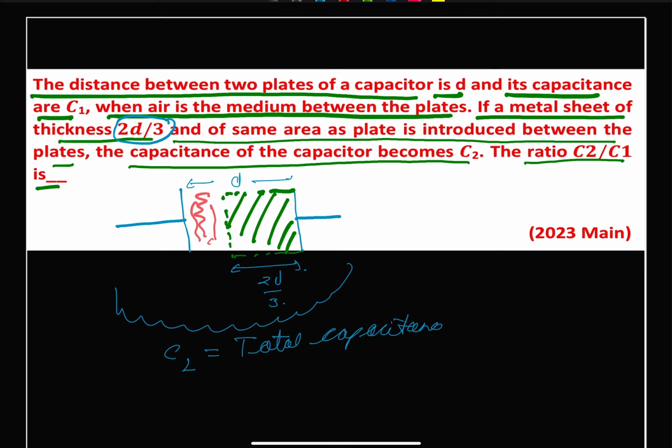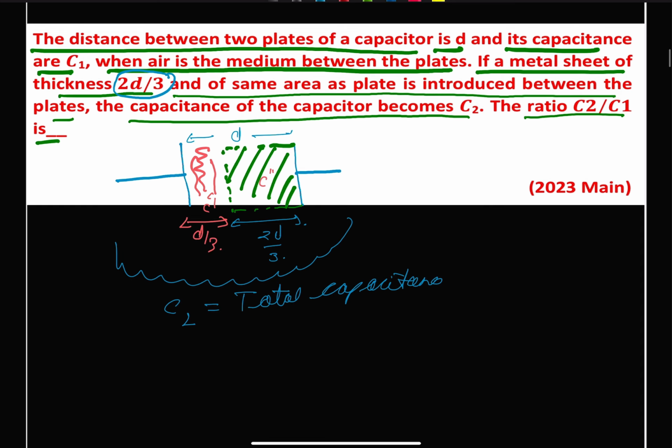so we are going to have two capacitances. With the metal sheet, let us call this C double prime, and this air, let us call this C prime, and this thickness will be equal to d minus 2d by 3. So this comes as d minus 2d by 3, which will be giving us d by 3.